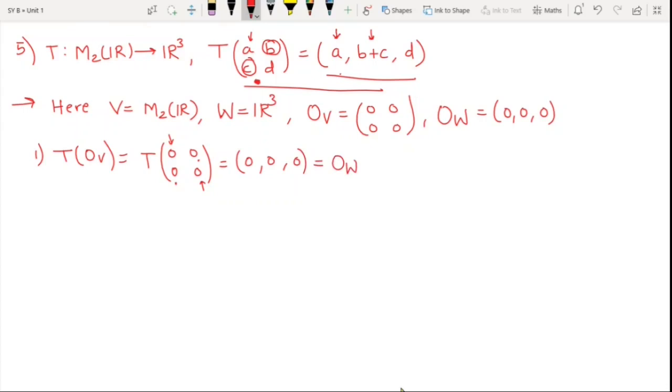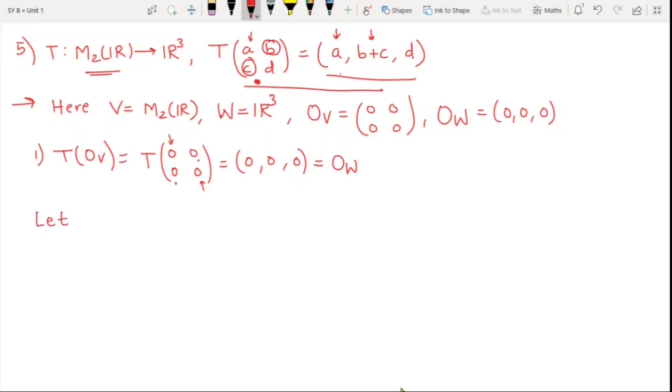But here we cannot say that it is a linear transformation because we still need to check the other condition. In order to check that condition, we need two elements of the domain, that is M2 of R, and two elements from the set of real numbers.